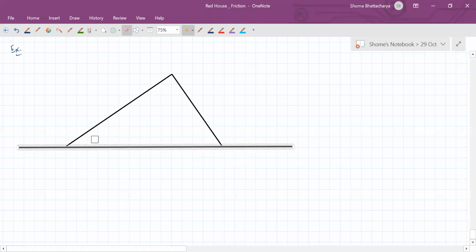So we have this kind of a situation. This angle is 37 degrees. This is 90 degrees. Now we have a combination of two blocks like this.